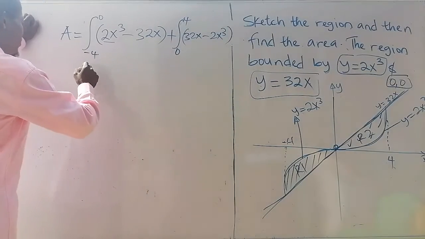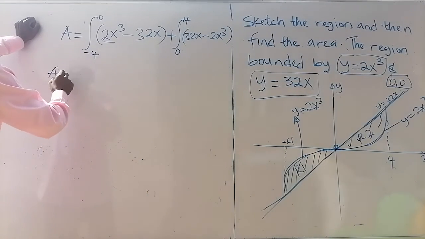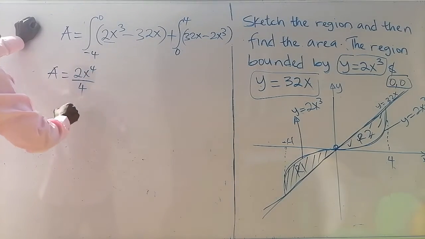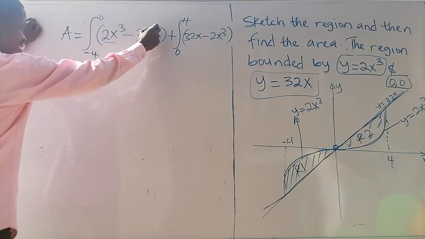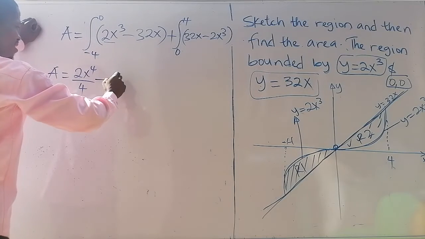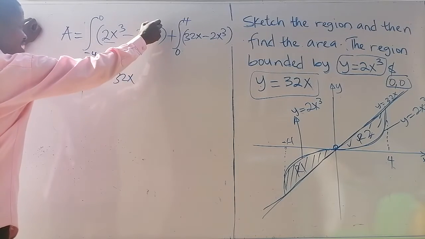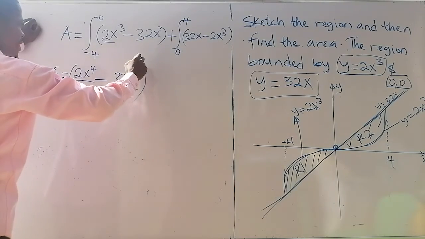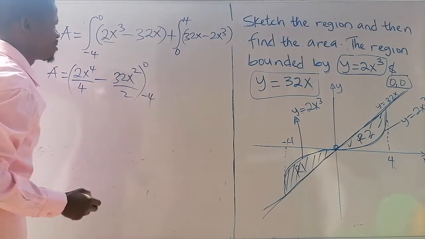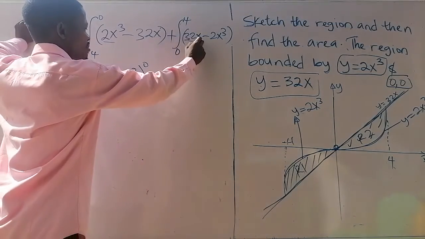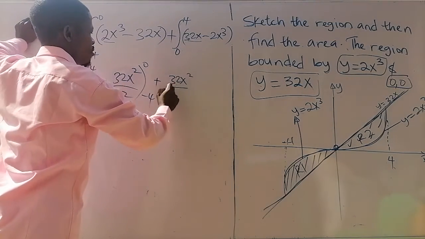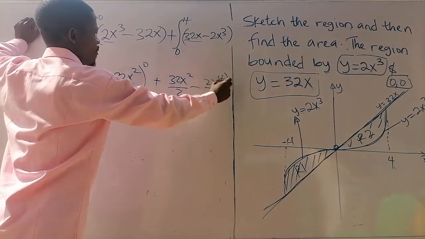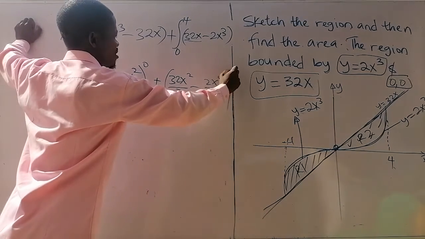Then we can begin to integrate. That will be 2x to the power 4 over 4, minus 32x squared over 2, since 32 is a constant, x to the power 1 plus 1 is 2. Then your upper and lower limits. Then plus, do the same thing here: 32x squared over 2, minus 2x to the power 4 over 4, then your upper and lower limits.